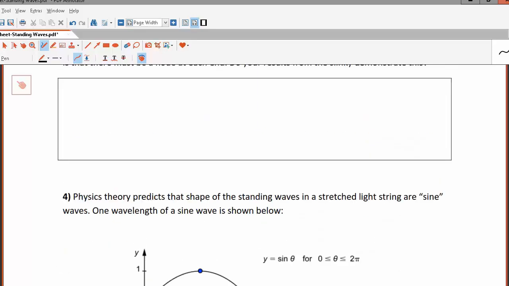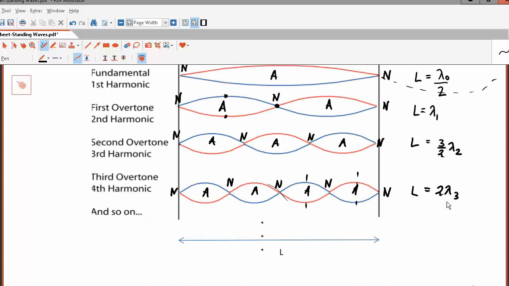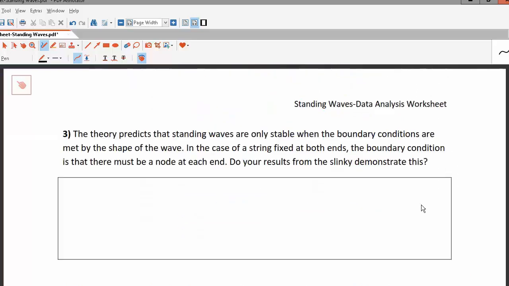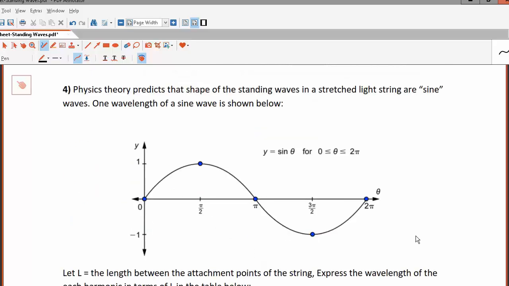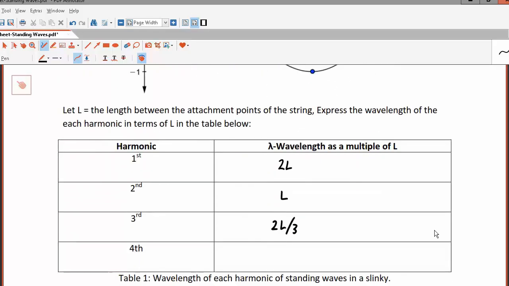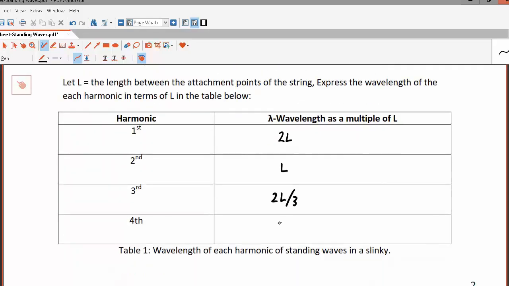And in the last case, we see that the wavelength is going to equal L over 2. So let's put that over here.